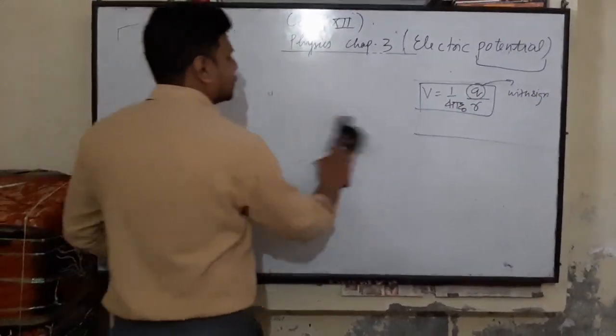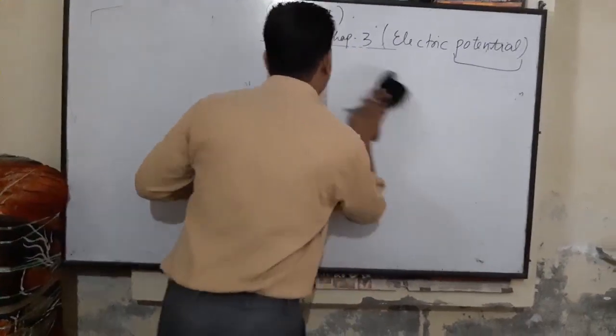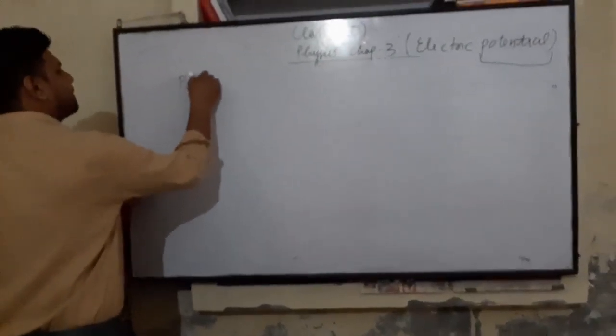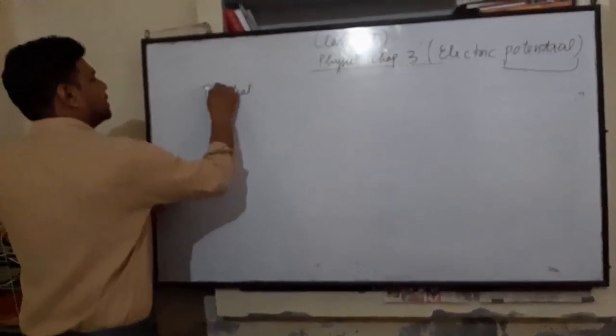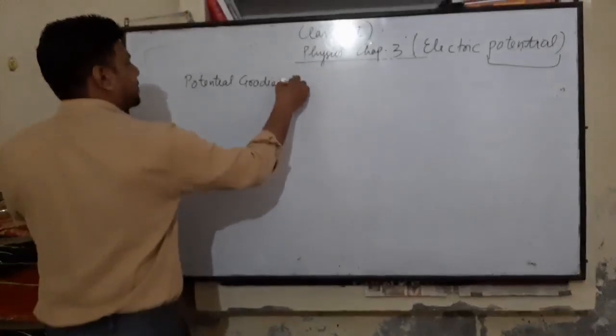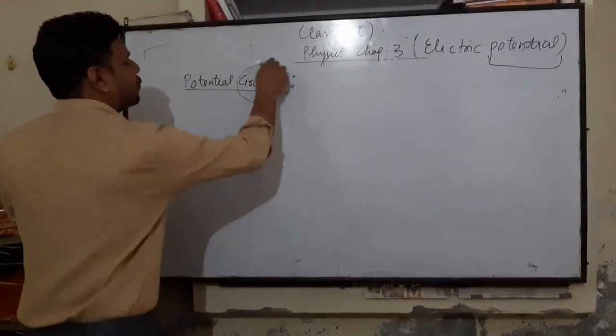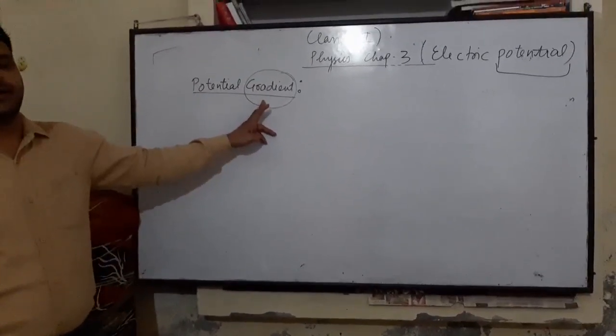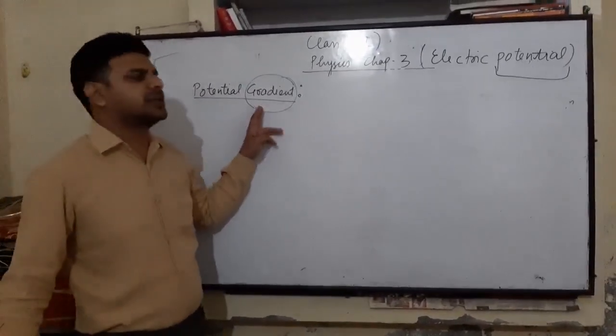Now, next topic is potential gradient. What is gradient? The meaning of gradient is the rate of change of something with respect to something.